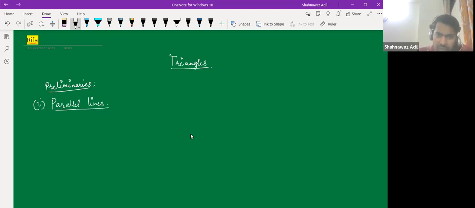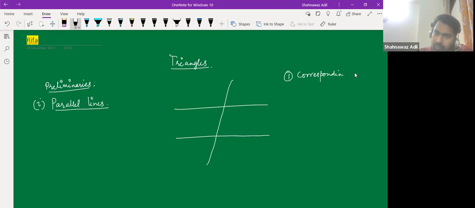So if we have two parallel lines and this transversal, then there are corresponding angles, and then there are alternate interior angles, and there are the angles on the same side.